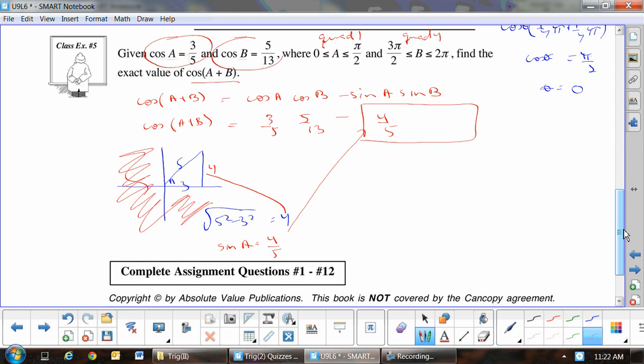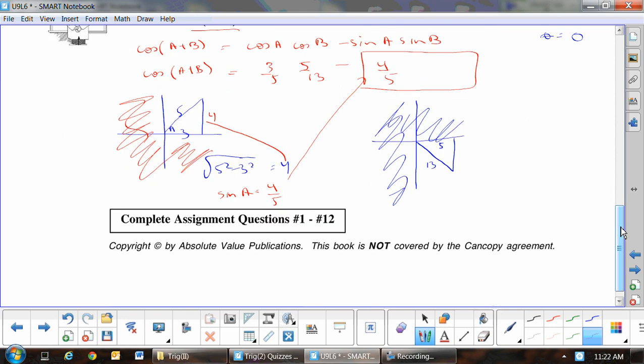Next one. So cos B, and it says that for B I'm going to be in between there and there, so I'm in quadrant 4. Okay, draw a triangle, and then I got to do 5 over 13. So that's 5, and that's 13. Again, if I have y, then I can find sine.